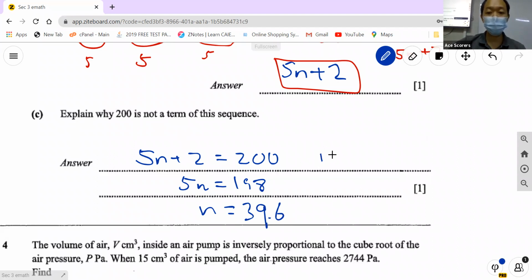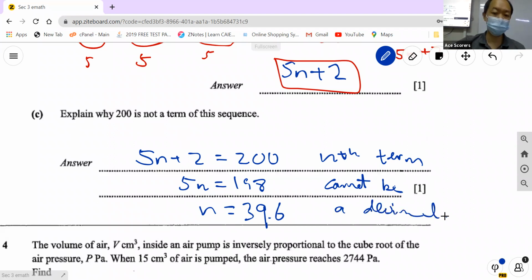So the nth term cannot be a decimal. The nth term has to be an integer, a whole number. That's it. Next one.